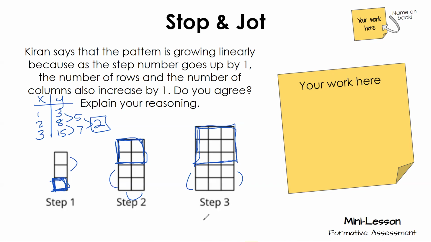Do we see it? So when we write our equation, we say x squared, which represents step, plus 2, because that's how much we started with, times the step number. Okay, I know these are tricky. That's why we're starting to practice them.